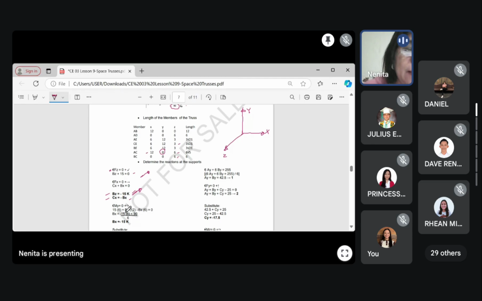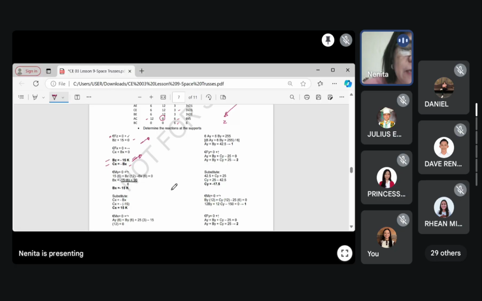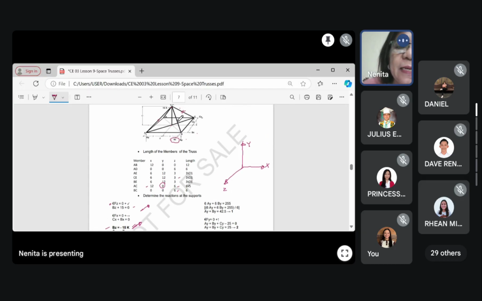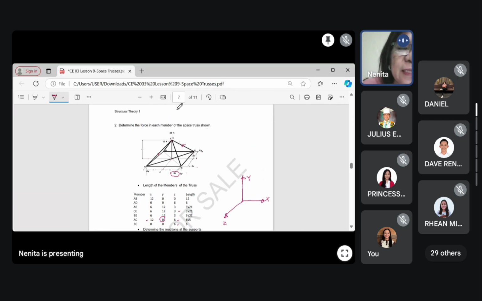So, let us now determine where we will get the value of our BX. Let's say, summation of moment along the Y. Summation of moment along the Y. Class, take note, when it is forces, it is only force, but when it is moment, it involves distance. Where is the Y axis?